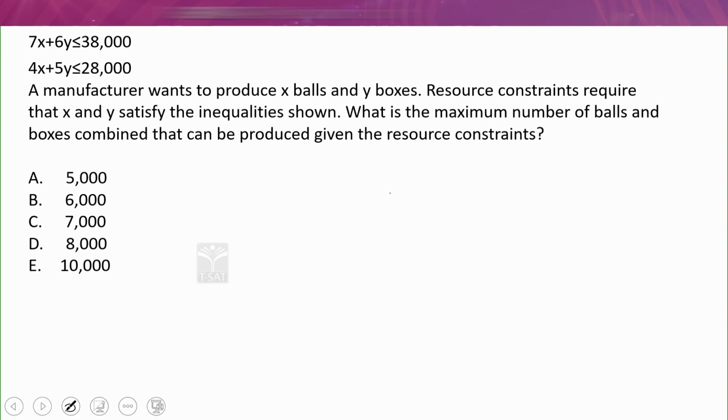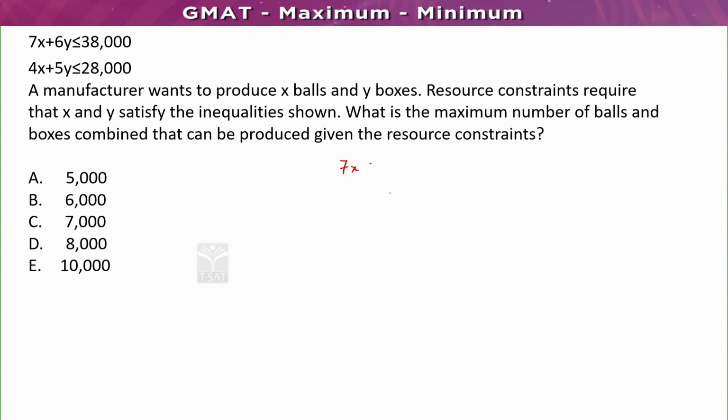Okay, we have two inequalities here, that is 7x plus 6y is less than or equal to 38,000 and 4x plus 5y is less than or equal to 28,000.